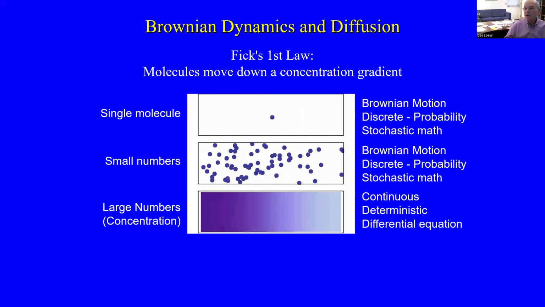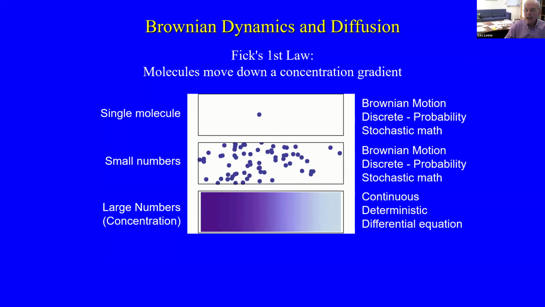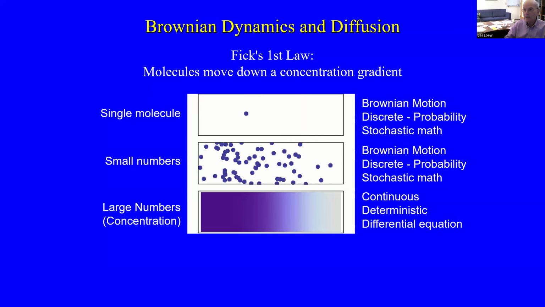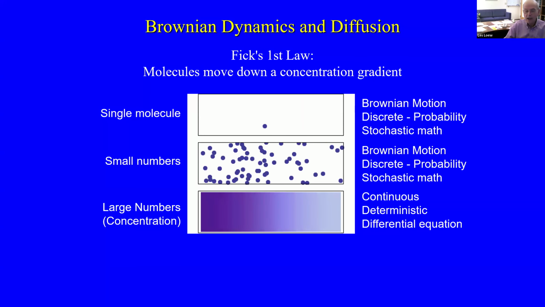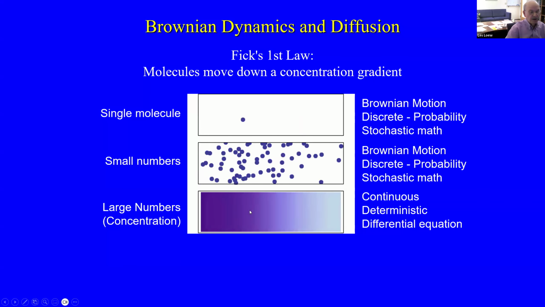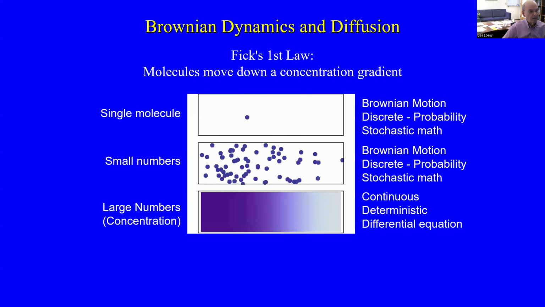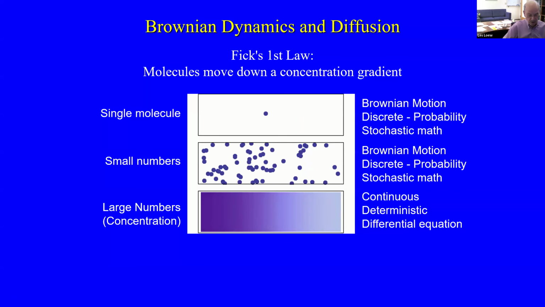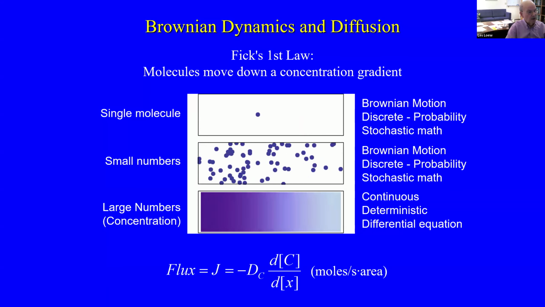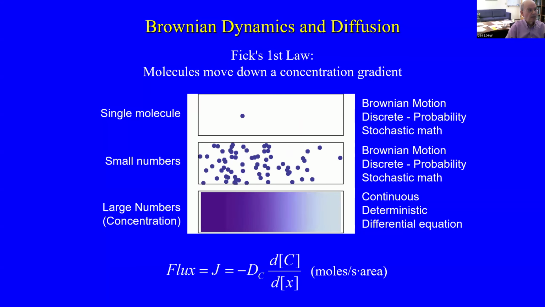So there are simple probabilities that can be solved using software involving Brownian dynamics for these stochastic processes involving small numbers. For larger numbers, where you can deal with the concentration regime, you can solve these in terms of differential equations. And the differential equation that is usually written down for this is just Fick's first law.